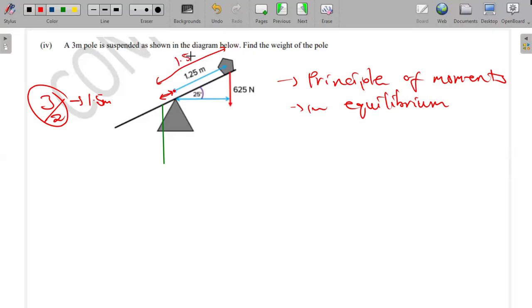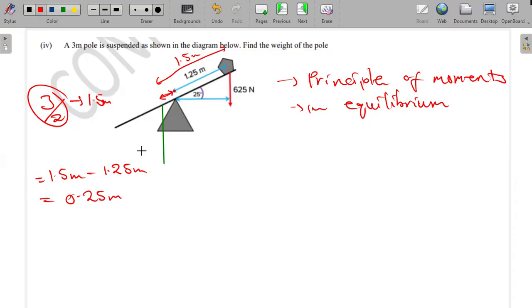So the distance from the center of mass of the pole to the pivot is equal to 1.5 meters minus 1.25 meters. This is basically going to give me 0.25 meters. This is my distance from where the pivot is located to where we have our center of mass. As simple as that.